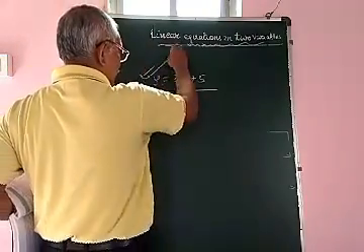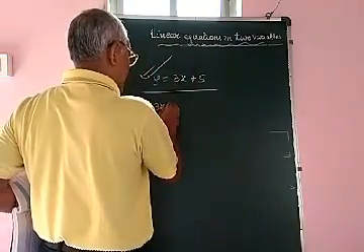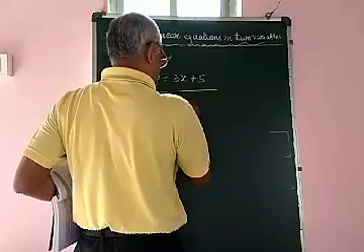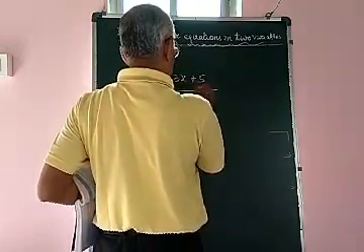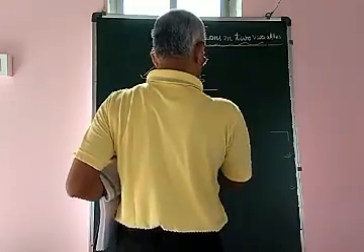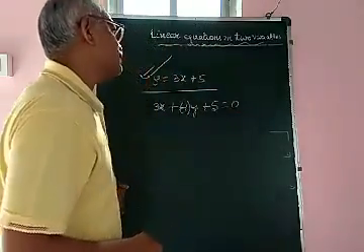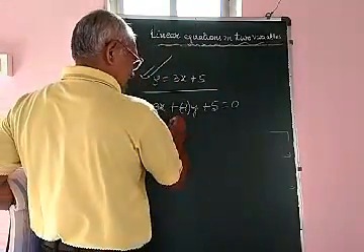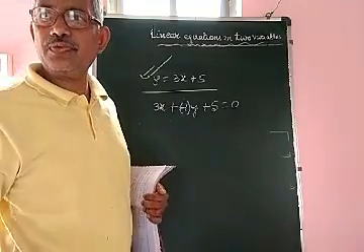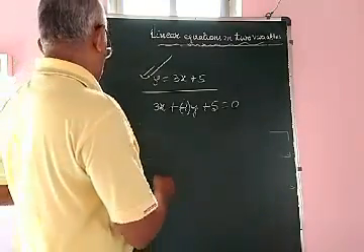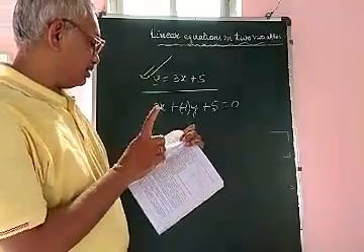This is a linear equation in two variables. This can be written as 3x - 1y + 5 = 0. So this is a linear equation in two variables, and a linear equation in two variables has infinitely many solutions. So the answer will be the third.